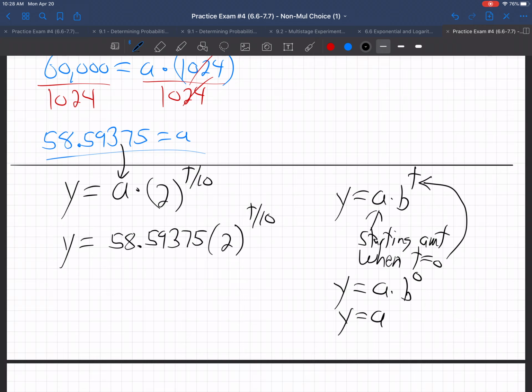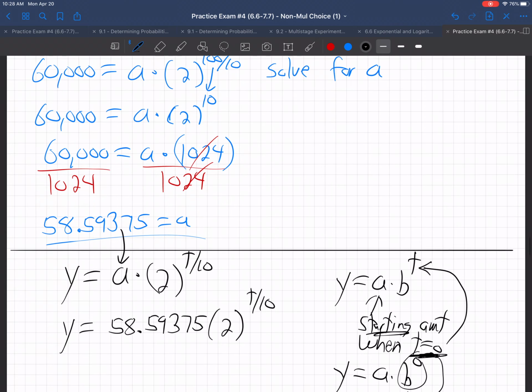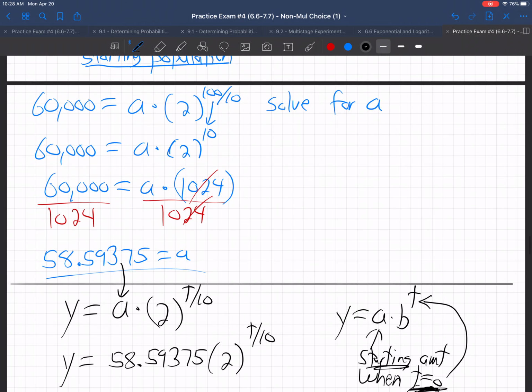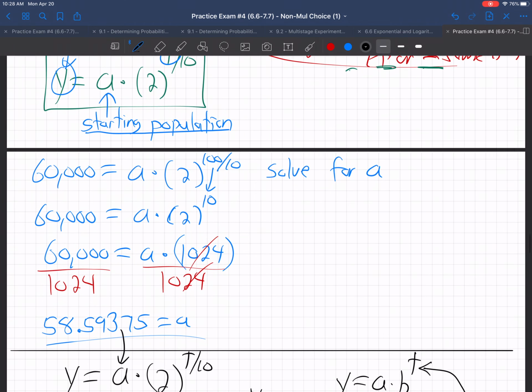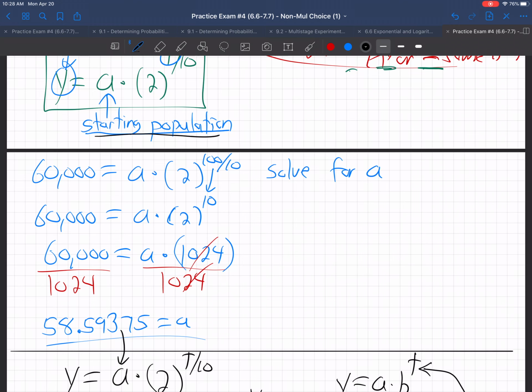And anything to the 0 power is 1. So y will just be a. Do you see how the y will just be a when you plug in 0 for t? So at time 0, at the start, the y value is just a. That's why we say that the a in the front is the starting population.